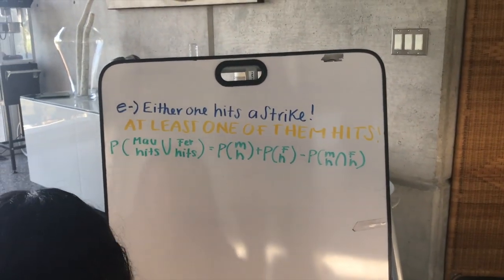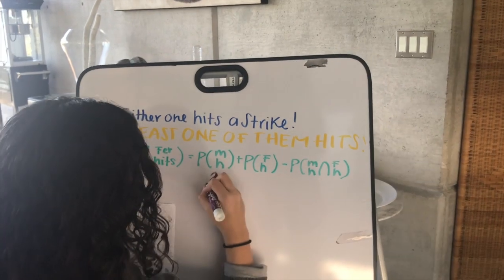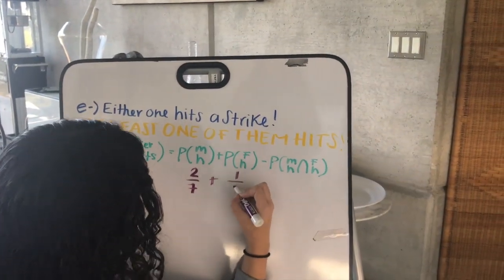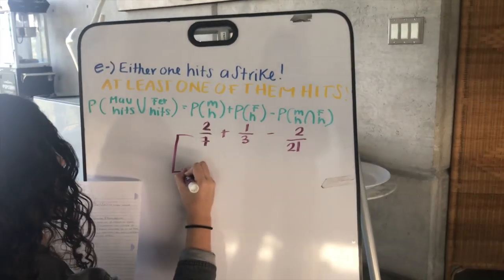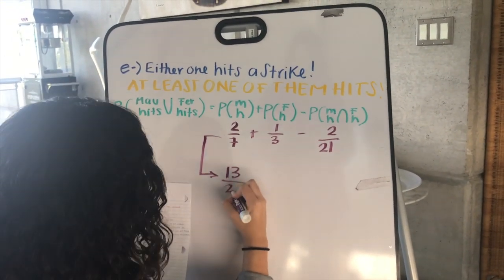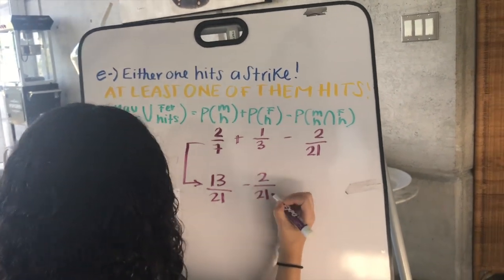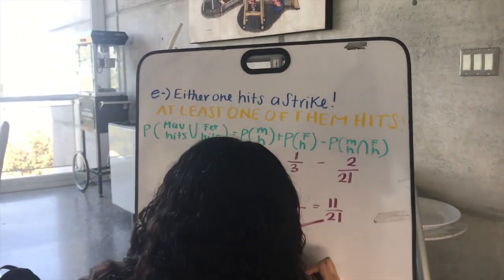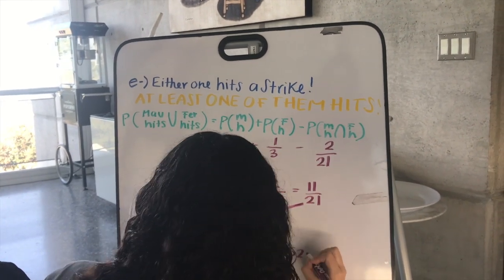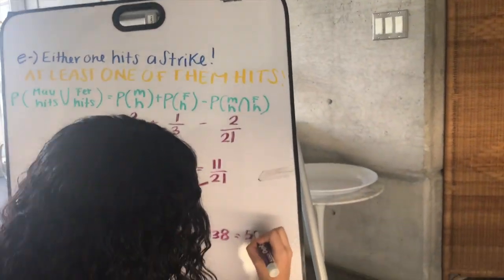It is going to give us 2/7 plus 1/3 minus 2/21. It'll give us 13/21 minus 2/21, which will be 11/21, which multiplied by 100 is 52.38%.